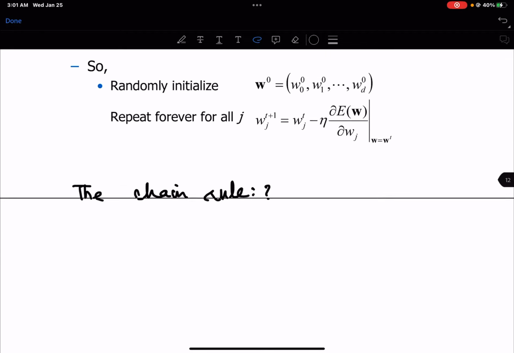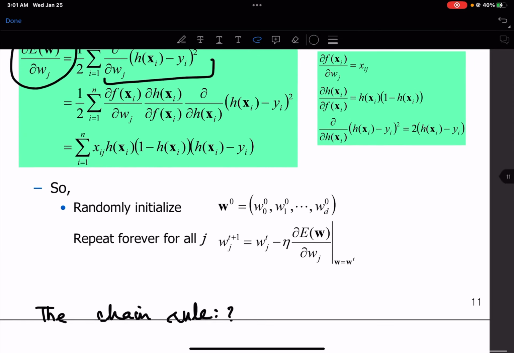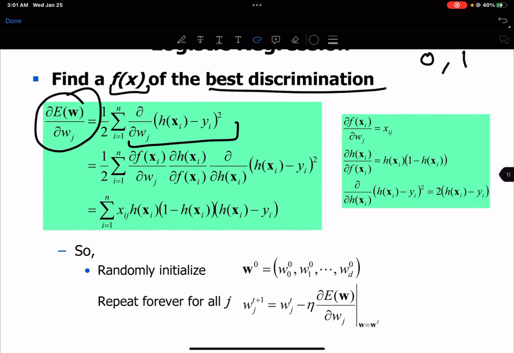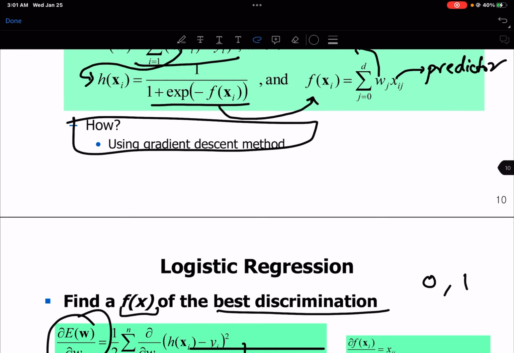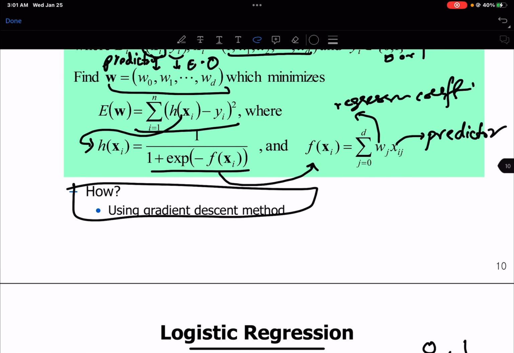Here you can see that your function h of x, first let's make this clear. Function h of x is a function of another function, made up of function of a function.